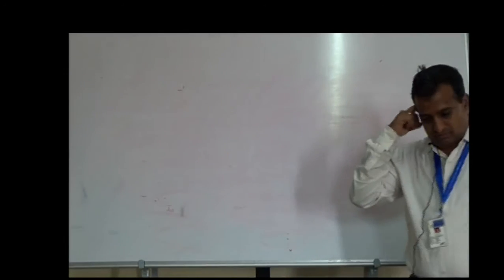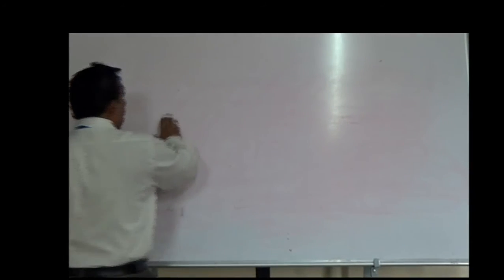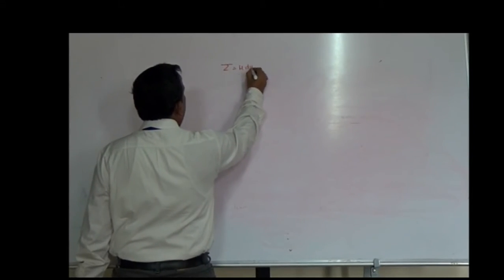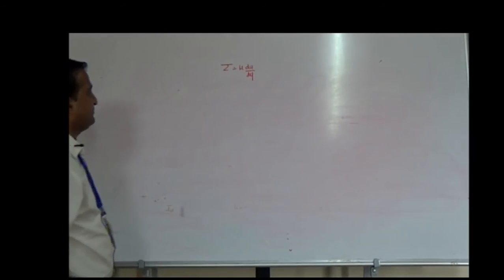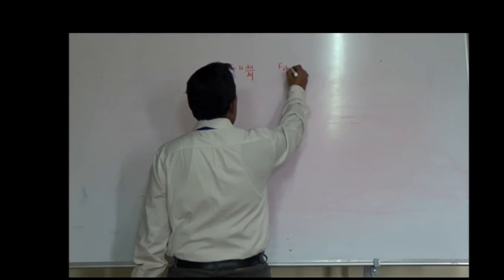Now here we would like to solve one problem based on Newton's viscosity law, that is tau is equal to mu du by dy. So the shear force is equal to what?